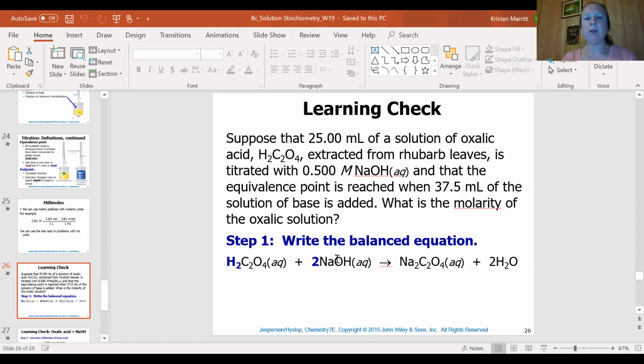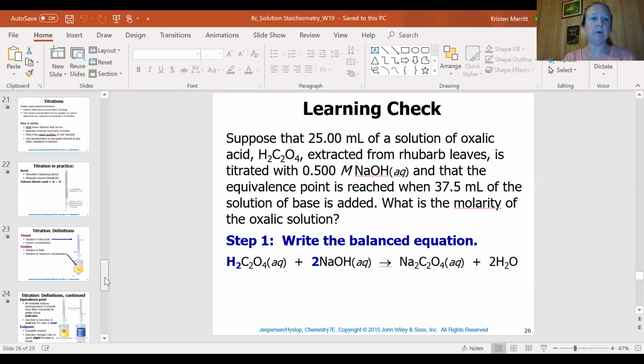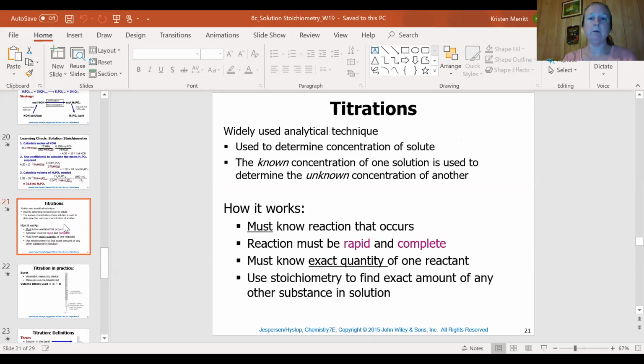So we use the stoichiometry of this, and I'm going to work through a couple of these, to calculate when you know how much hydroxide you used to neutralize this, then you can calculate the concentration. So when you have a titration, there are things you have to know.